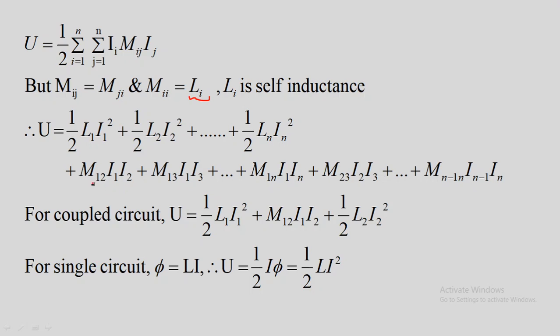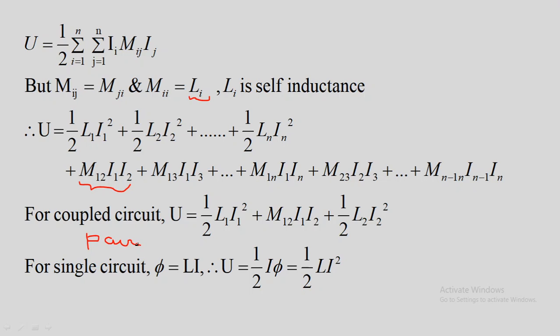In the other part, half is not there because Mij equal to Mji, so the two quantities join together. Half plus half is 1. So this is the final expression for the magnetic energy of coupled circuits.